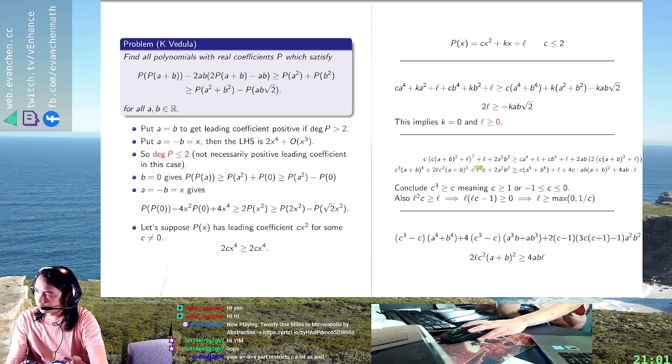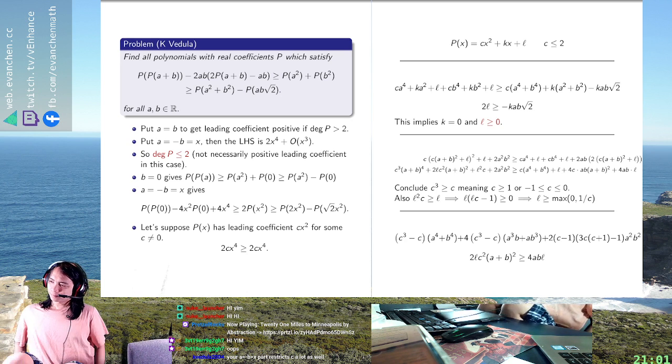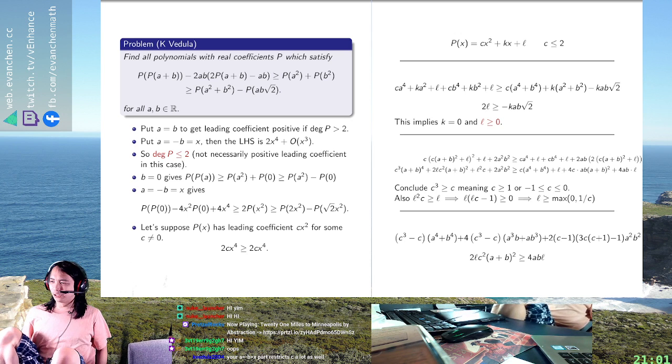What's the leftover degree? This is the leftover... Jesus Christ. I hope L equals 0.